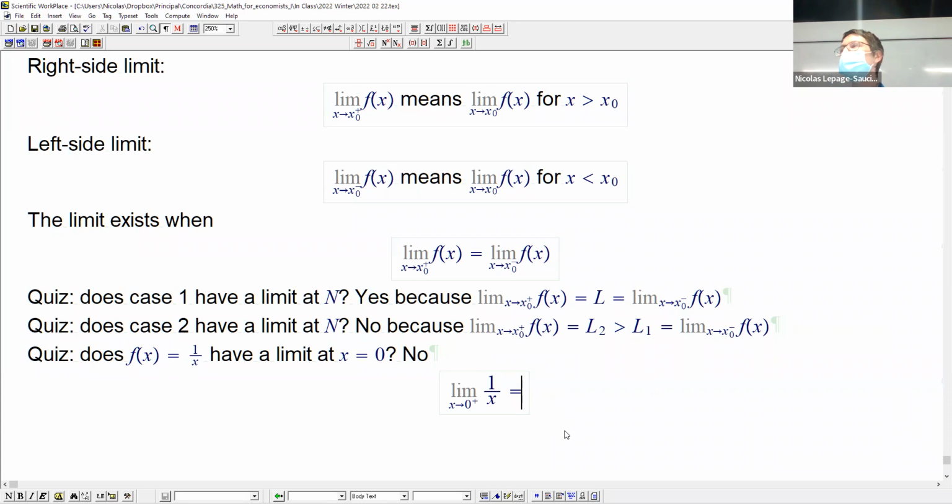So no answer? Yes, infinity. And then the limit when x goes to 0 from the left is equal to minus infinity. So do I have a limit? Oh no, I don't have one.